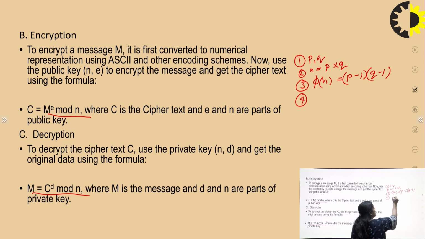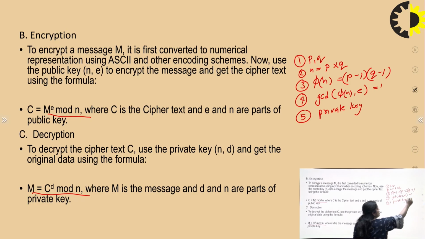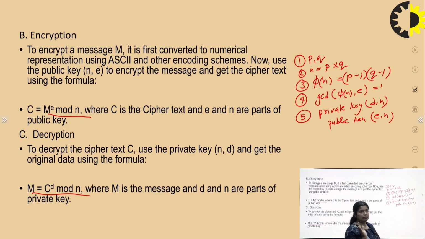Next, you have to calculate the GCD of phi of N and E equal to 1. So, you can calculate E, and then you can get the private key and the public key. Private key is D and N, and the public key is E and N. This will be the simple 5 steps for this RSA.